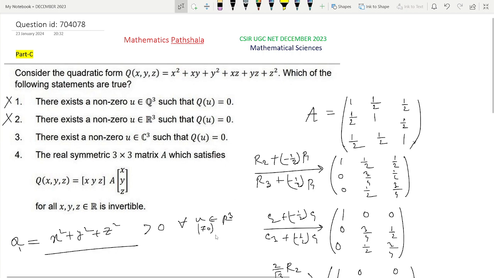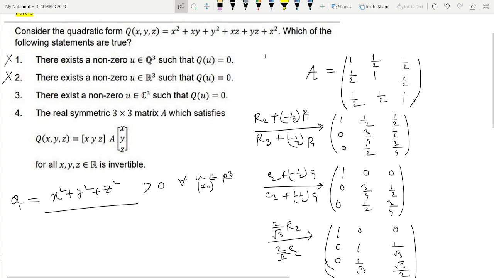There exists non-zero u belongs to C3 such that Q is 0. Yes, such u in C3 can be found if we take simply u equal to (omega, 1, 0) belongs to C3, which is non-zero u.